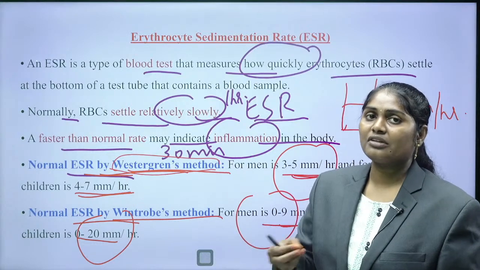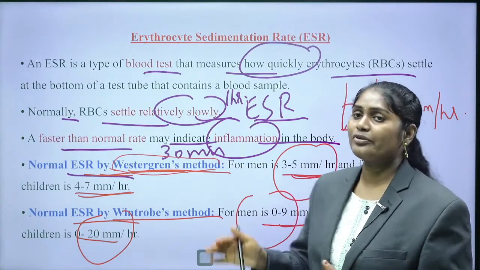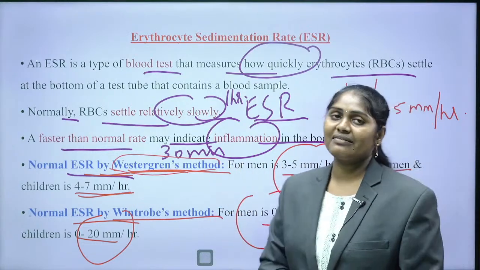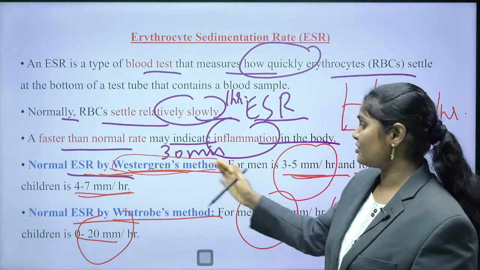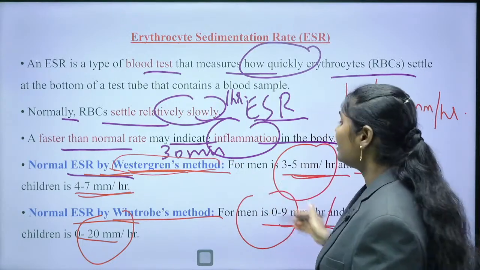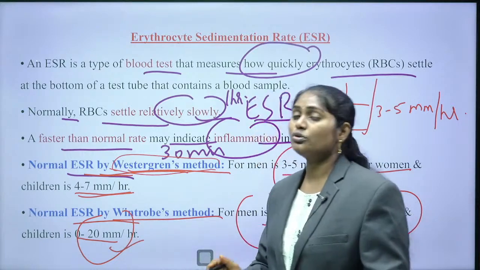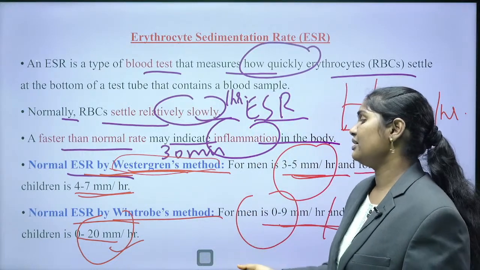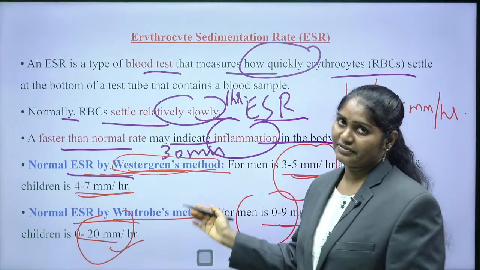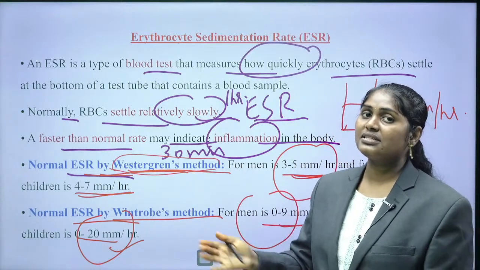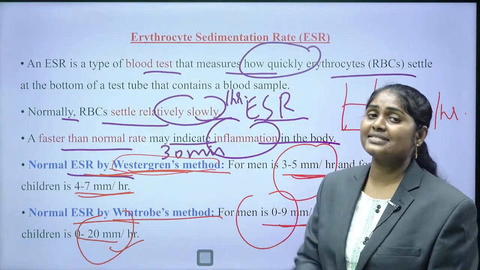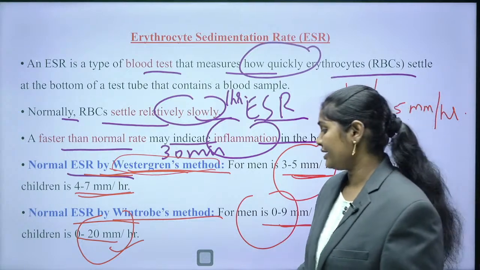So what is the normal range in women? It is 4 to 7 in women and children in Westergren's method, whereas in Winthrop's method it is 0 to 20 mm/hour. So that is the difference. So knowing about the names of these tests is also very important.